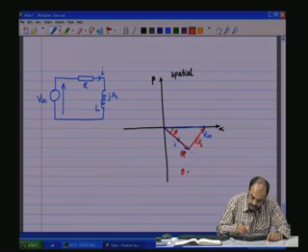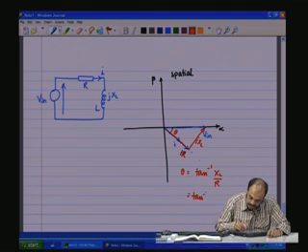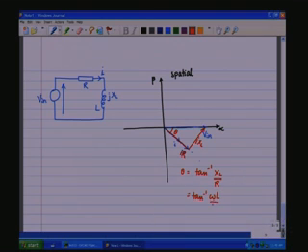Theta is equal to tan inverse XL by R, which is equal to tan inverse omega L by R. So, you get the phase angle, or the phase lag, of the current space vector with respect to the voltage space vector.